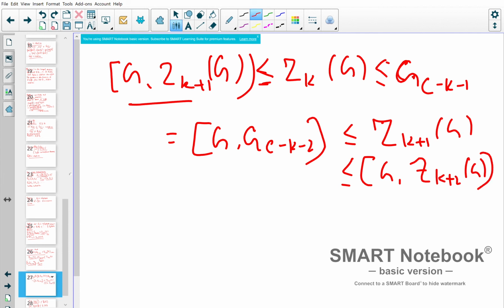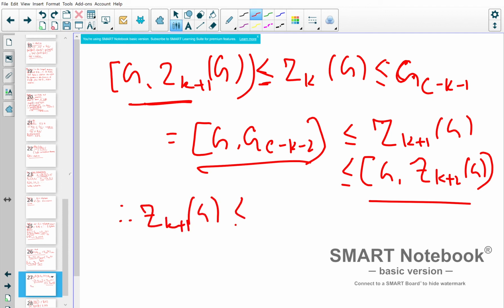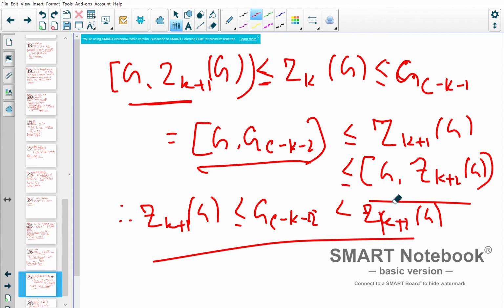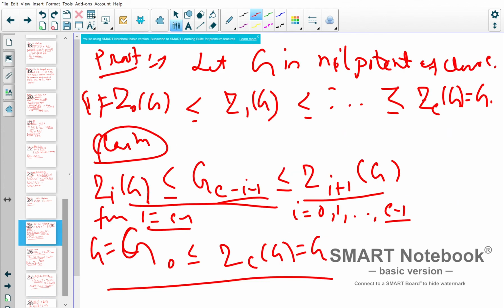Okay, so this is actually sitting inside these two things, and that implies Z_{K+1} of G is sandwiched in between, Z_{K+2} of G. So if the upper central series terminates, what is the meaning of that?